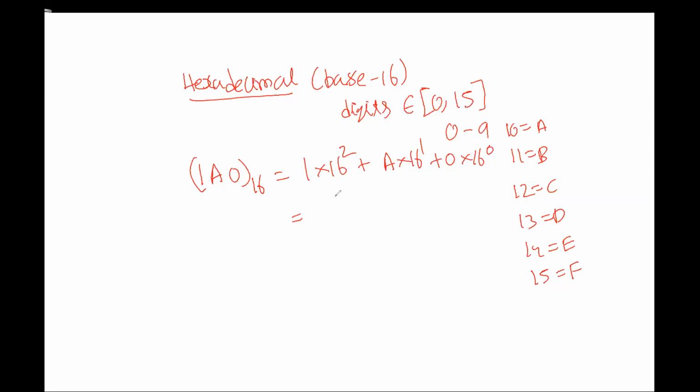Yes or no? A is nothing but 10. So this is 10 times 16 power 1 plus 0 times 16 power 0. This is equal to 416. This is hexadecimal representation.